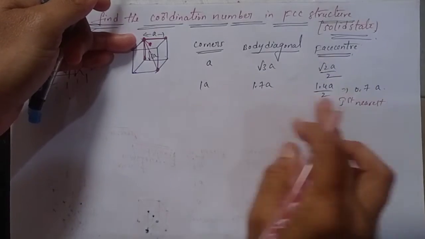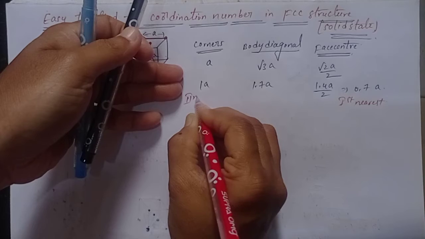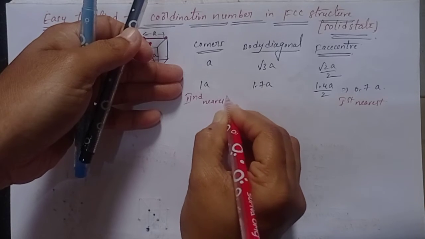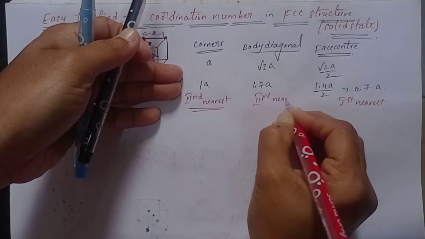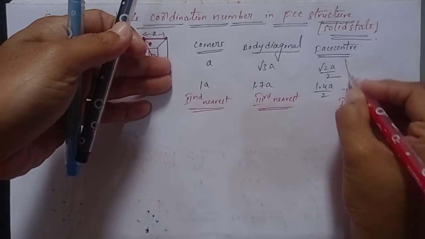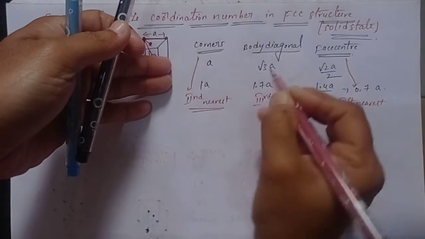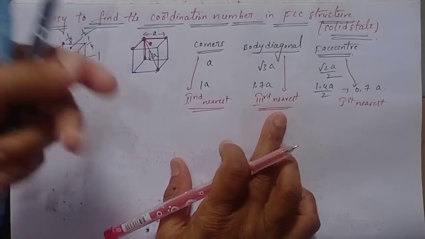Next, the second nearest is the corner particle. And the third nearest is the body diagonal particle. Clear? So the first nearest is the face centered particle, the second nearest is the corner particle, and the third nearest is the body diagonal particle. Clear this, students?